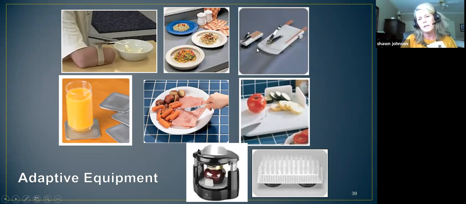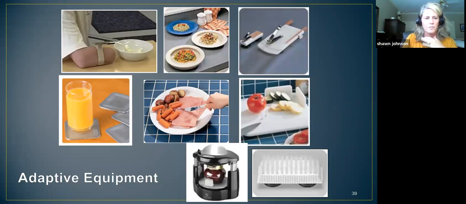This is a one-handed nail clipper with suction cups on the bottom. Dycem to help hold things still, a plate, a cup, a phone, and then a rocker knife to help cut things, an adapted cutting board, a jar opener, and a suction cup scrub brush that you can put in the sink to help clean your fingernails, or put in the shower so you can scrub different parts of your back or your arm.